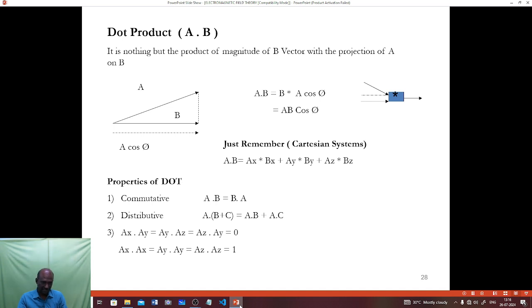Cos 90 takes the value 0, so the dot product between any two of these unit vectors is 0. For the dot product between the same unit vectors, AX dot AX, AY dot AY, AZ dot AZ, the angle is 0, cos 0 is 1, so the dot product value is 1.